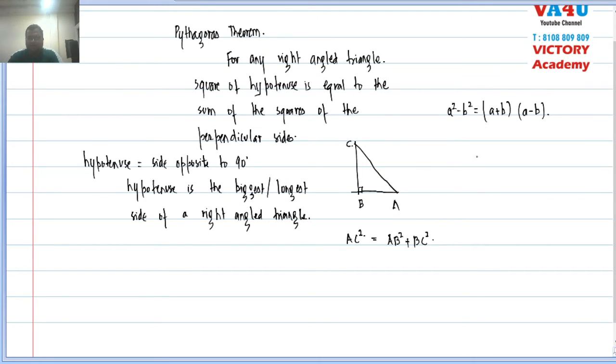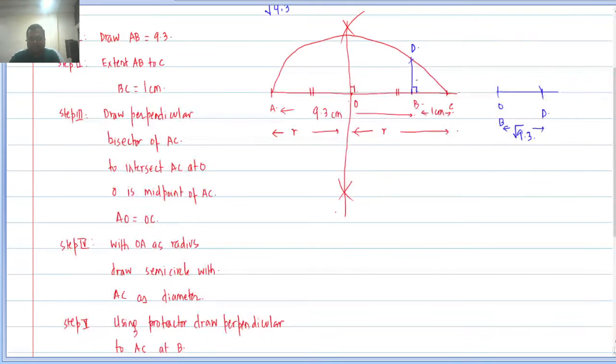Okay, and this identity: a square minus b square is a plus b into a minus b. So using these two identities, we will try and prove how we get BD is equal to square root of 9.3. Suppose I want to find square root of x.